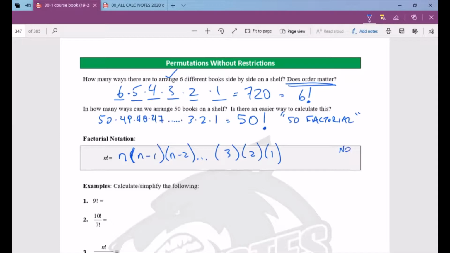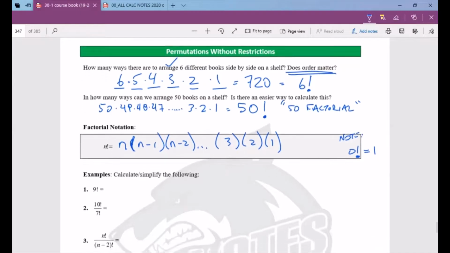As a side note, it should be stated here that 0 factorial by definition is 1. We're going to get to why that is soon enough, because that seems really weird. If n factorial just means you're going to multiply by all of the natural numbers less than it, 6 factorial means 6 times 5 times 4 times 3 times 2 times 1. When do you stop? Well, when you get to 1. So how does 0 factorial make any sense? You'll see. We'll come to that in a minute.